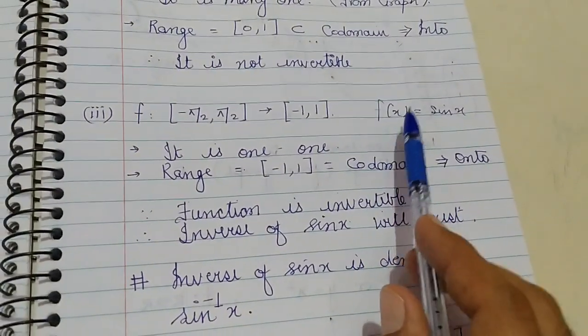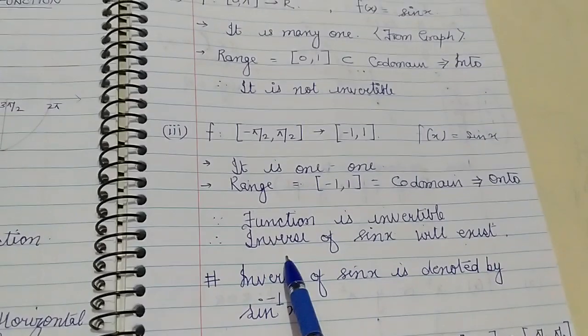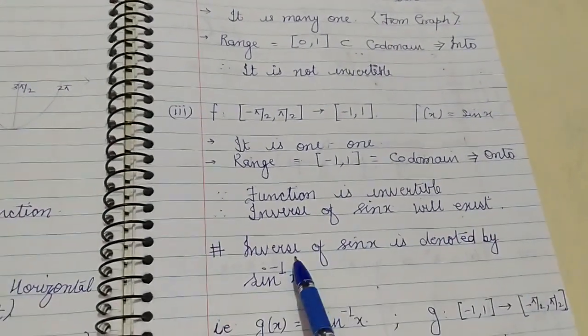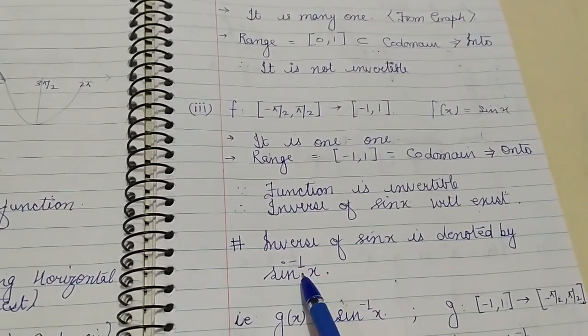Since this function is invertible, the inverse of this function will exist, and the inverse of sin x is denoted by sin inverse x.